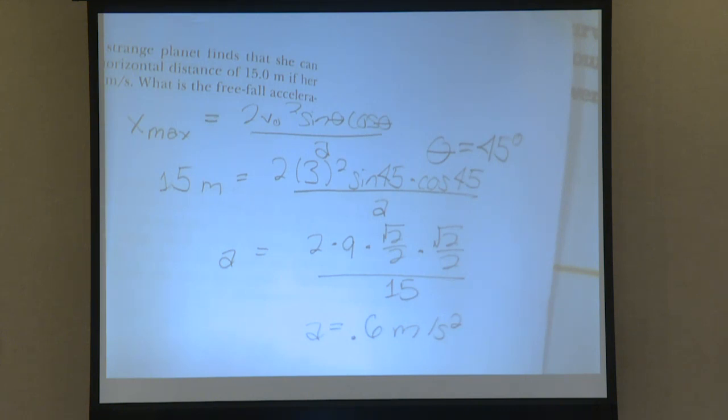Have you seen it before? Oh, okay. If your professor hasn't gone over it, I would assume they wouldn't give you a question on it, because for us there's another formula for maximum height.